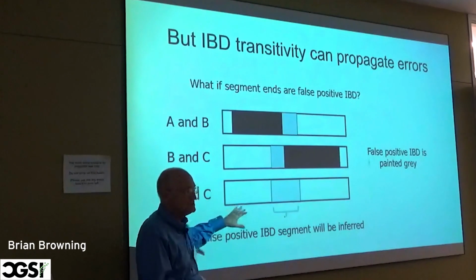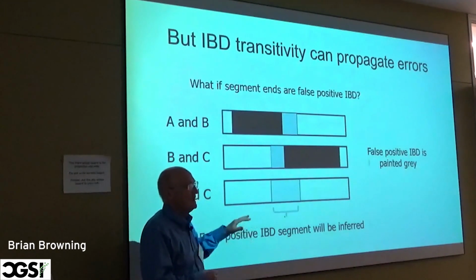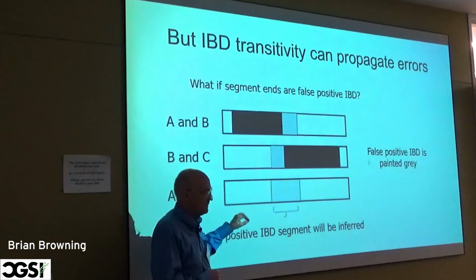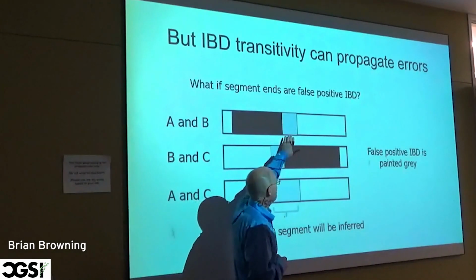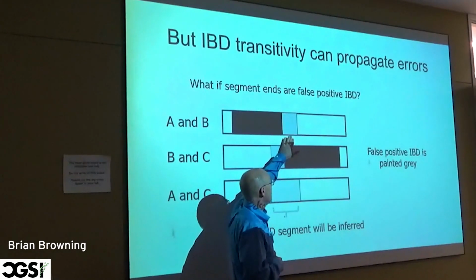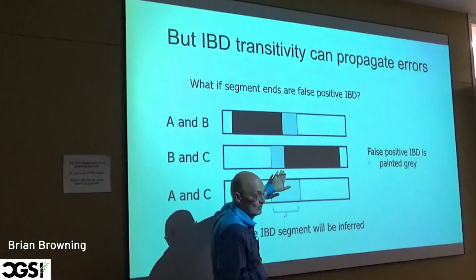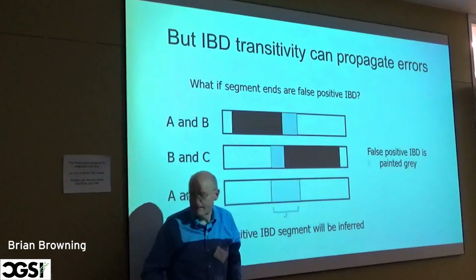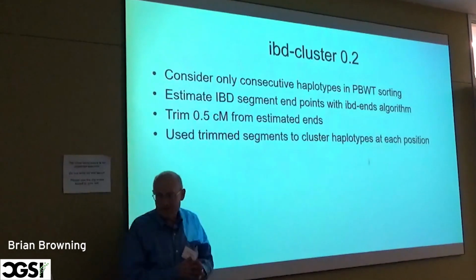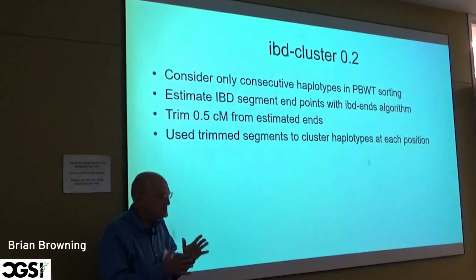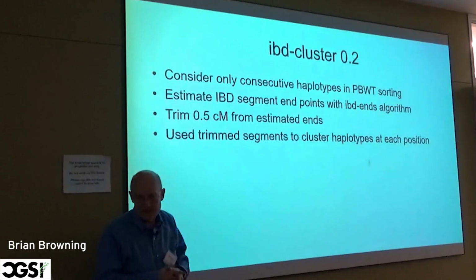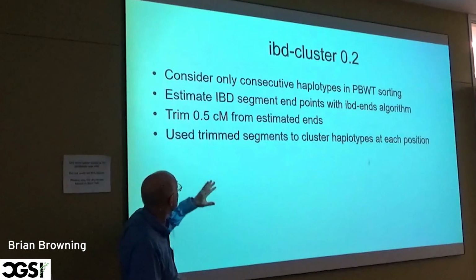So if you're going to do this approach, you have to have very tight control of your false positive rate. You have to try to minimize and have very, very low error rates for this kind of behavior happening. You can't afford to get it wrong. So we developed a method that was able to control the error rates well enough. This is version 0.2 of IBD cluster.